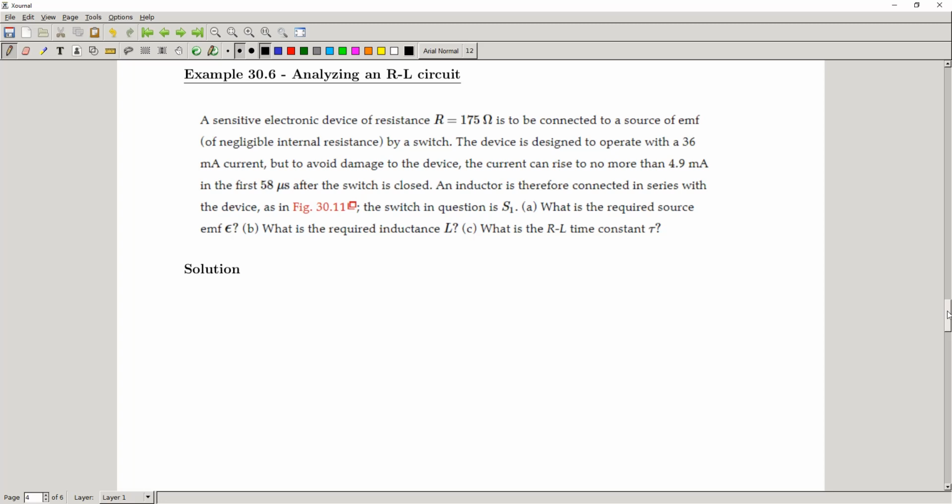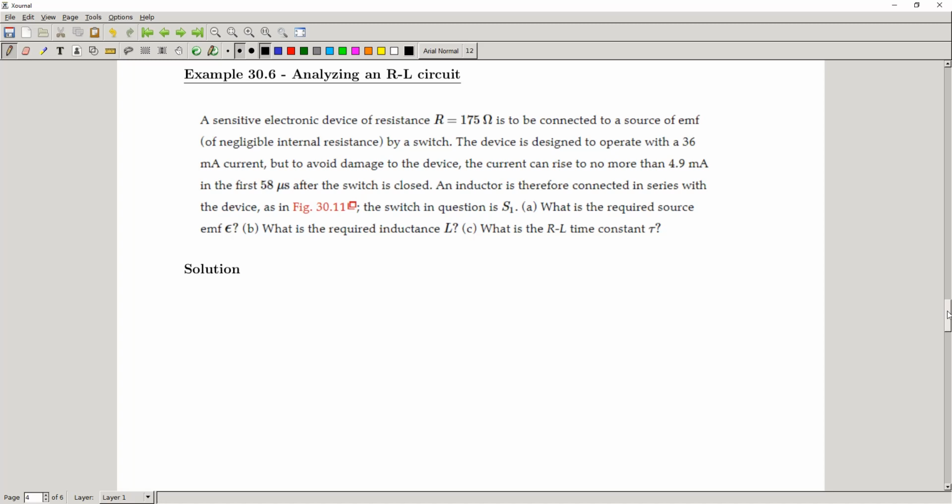The device is designed to operate with a 36 milliamp current. But to avoid damaging the device, the current can only go up at a reduced rate. We don't want it going from 0 all the way up to 36 milliamps right away. It can only change at a rate of 4.9 milliamps in the first 58 microseconds.